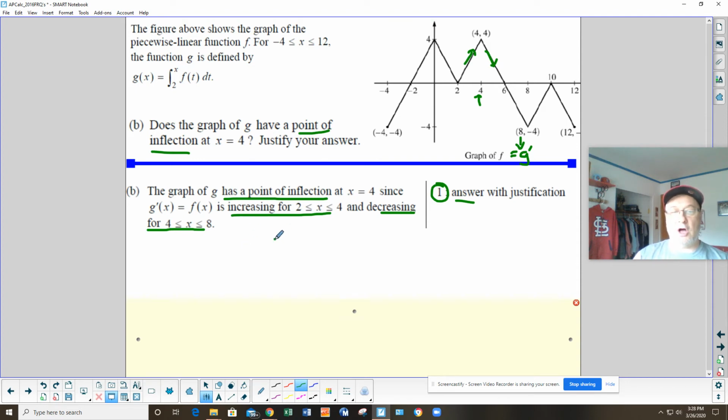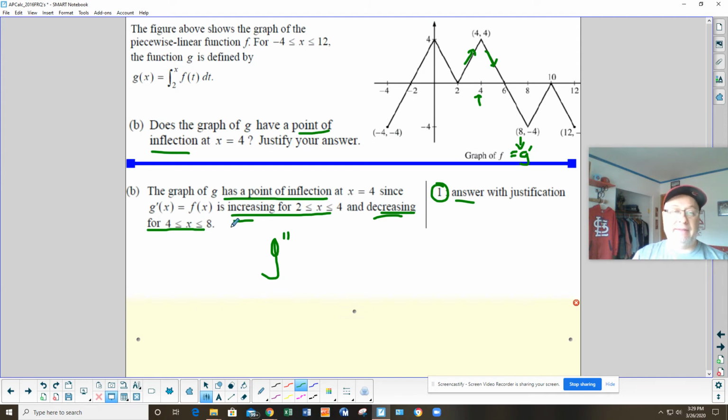If you just talk about G double prime and you say G double prime changes sign or G double prime goes from positive to negative, you will not get points because you're not talking about what's given to you. Since you're given G prime, you have to speak about G prime.